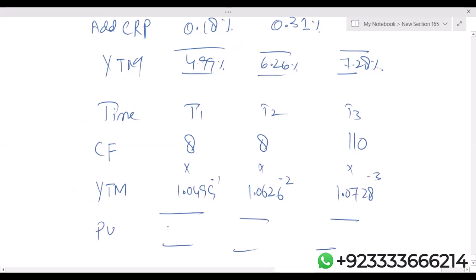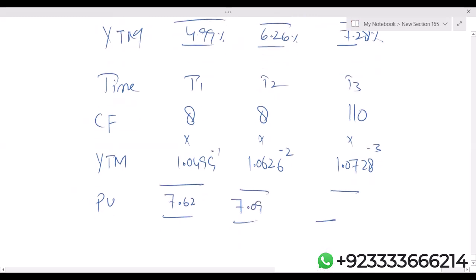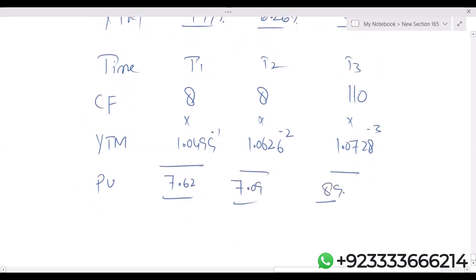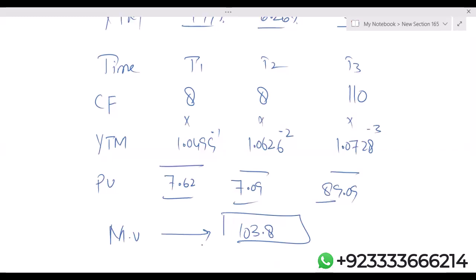Present value: 7.62, 7.09, 89.09. Simply add all of them. I'm getting 103.8 market value. We have to recalculate the market value because the examiner has asked us to calculate the market value on both the ratings, AA and triple B as well.